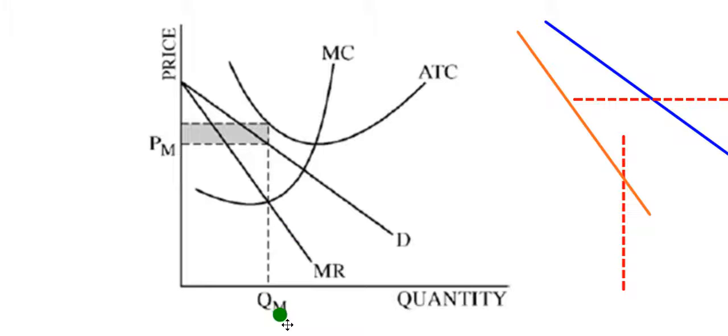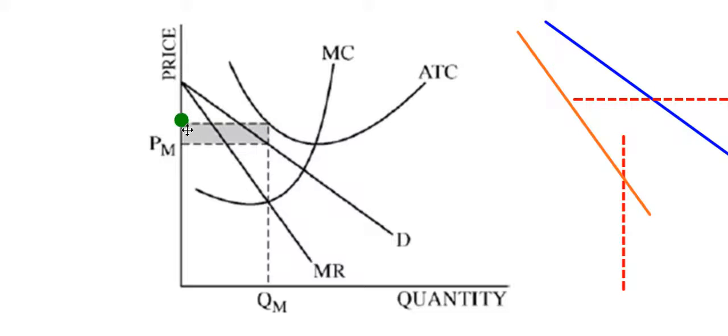Call that QM, and then we draw that line up to the demand curve and over, and that's going to be our price M. And then since we're operating at a loss, we know that our average total cost curve has to be drawn above the price, but still our point of production is going to be where that average total cost curve is still downward sloping. So you want to make sure you do that.